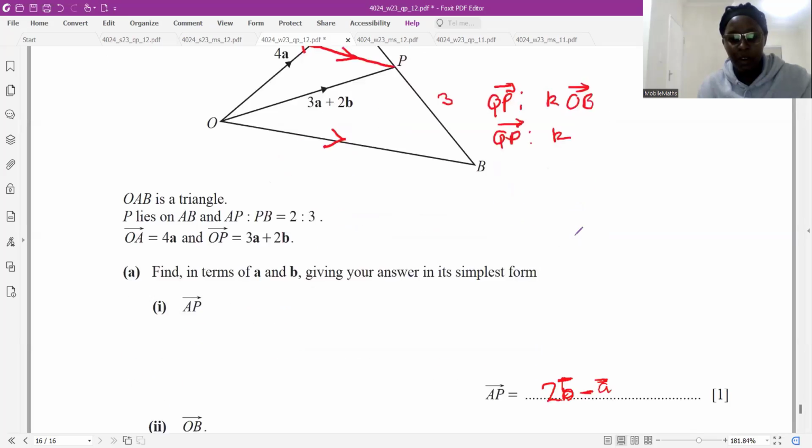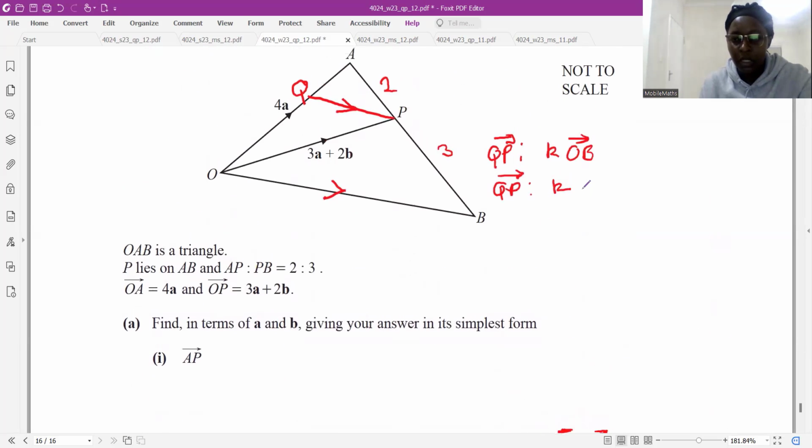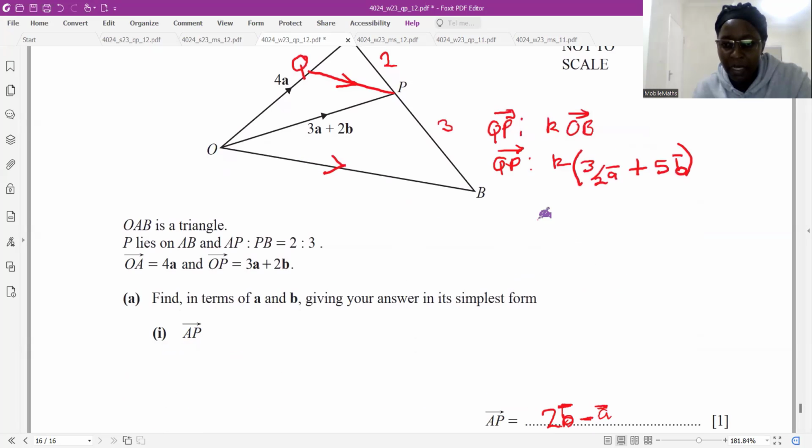Our OB, we have calculated our OB to be 3/2A plus a 5B. Okay, like that. So we want to find a value that is going to represent our K. That's basically what we are doing here. So you find out I can as well use this ratio that are on the other side, since these are going to be parallel. So I can take my K to be 2/5.